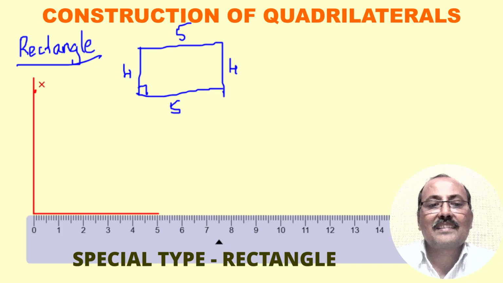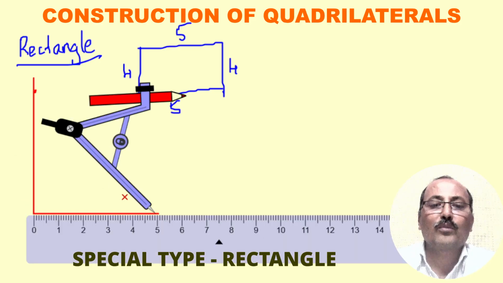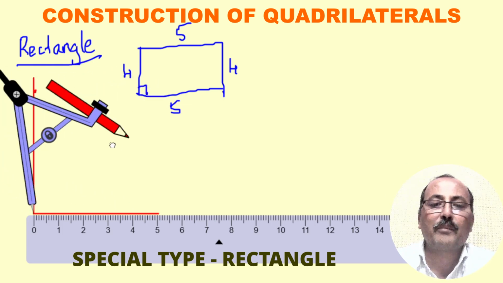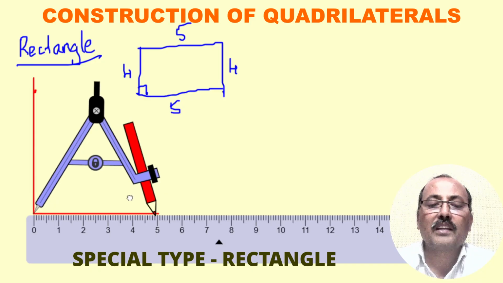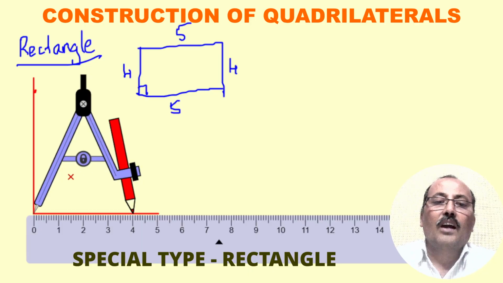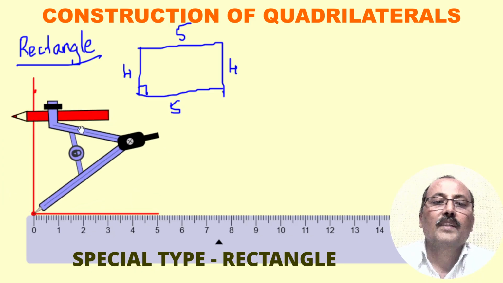Now this is 90 and we have to construct an arc of 4 centimeter. It is already 5 centimeter, we need 4 centimeter. Now take a 4 centimeter arc and draw an arc at this point.